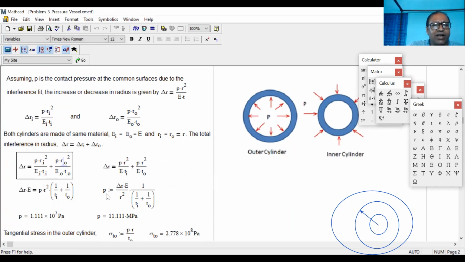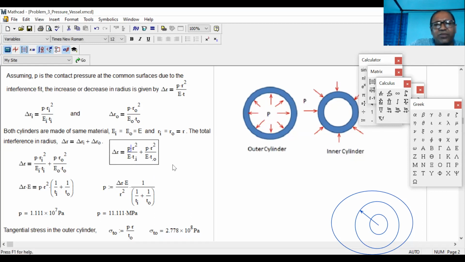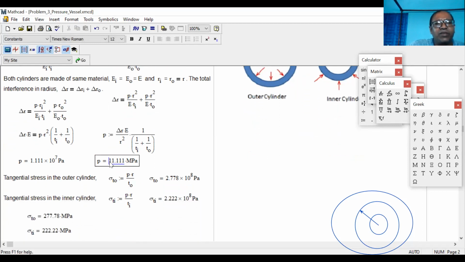The P value is the same, so figure out the P value from this equation. The outer thickness you know, the inner thickness you know, R is given, delta R is given. Easily you can figure out the P.